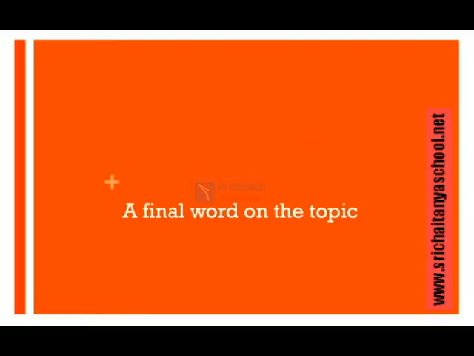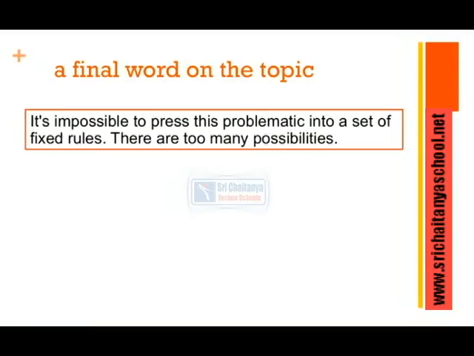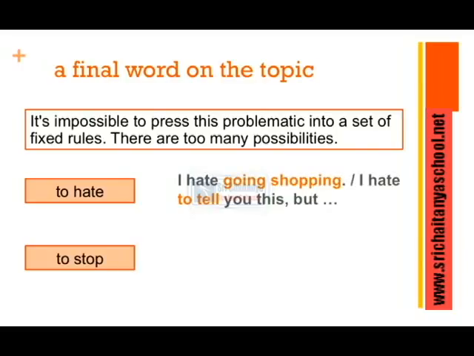And now please allow me a final word on this topic. It's actually impossible to press this problematic of infinitive and gerund into a set of fixed rules. There's just too many possibilities. For example, the words like, hate, and prefer can actually have both. And also stop. I hate going shopping, which is perfectly all right.